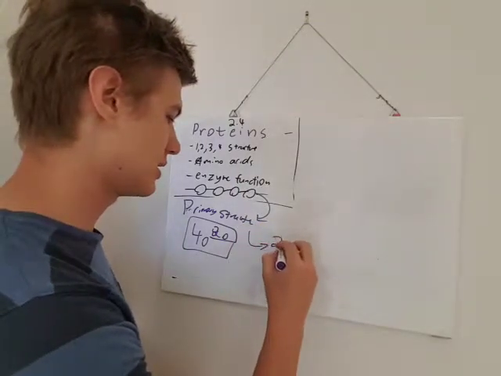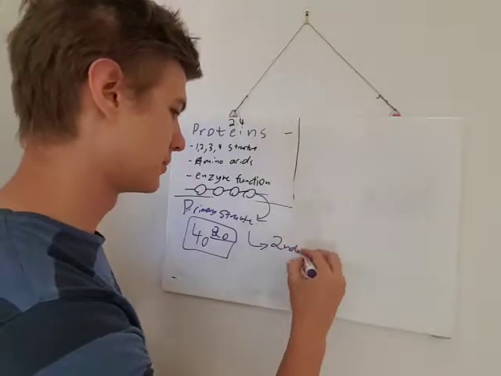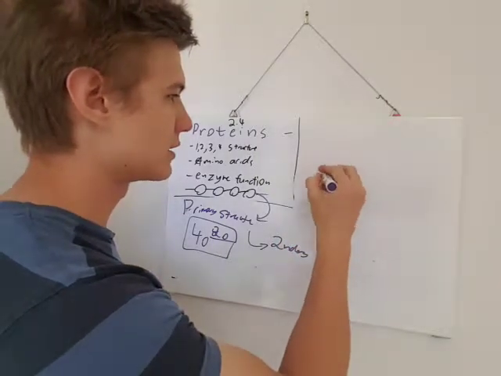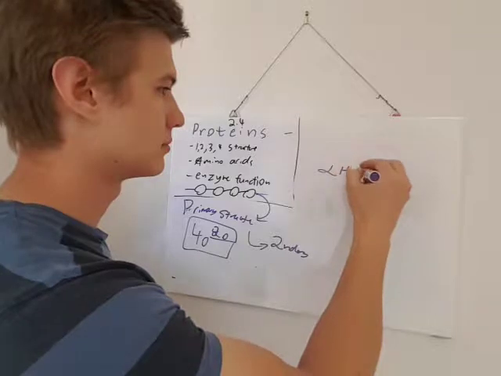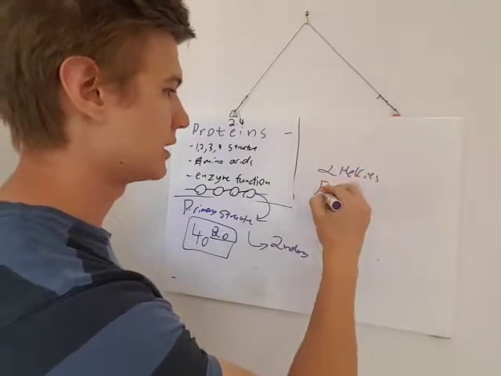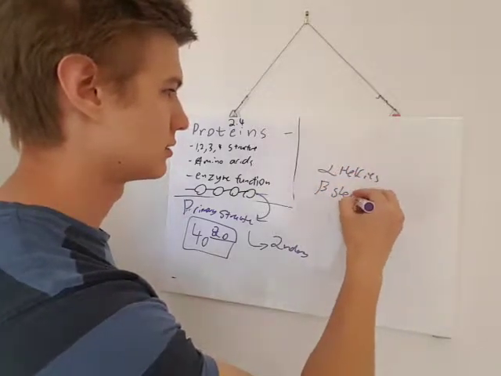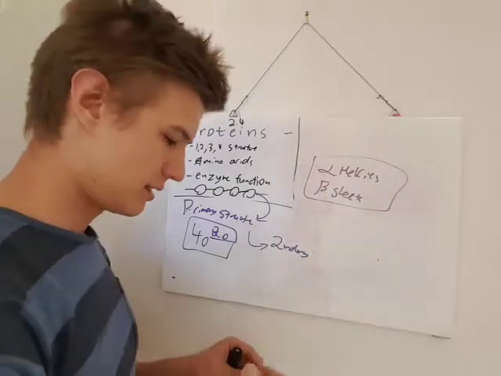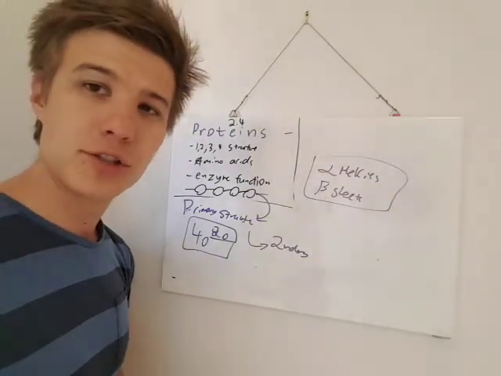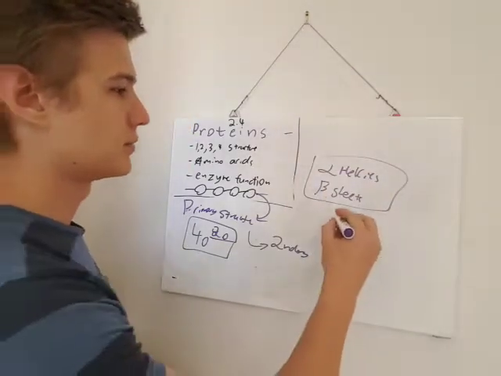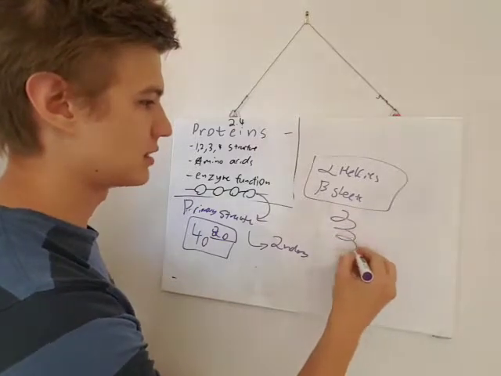Now, our secondary structures are alpha helices and beta sheets. And these are typically stabilized by hydrogen bonds, and, you know, they're helices.